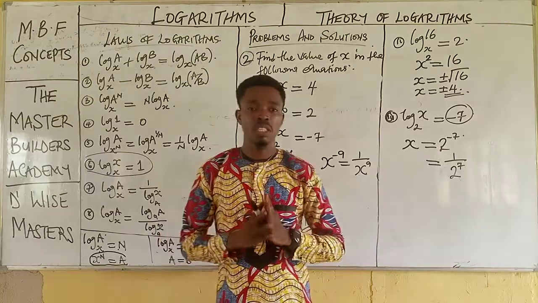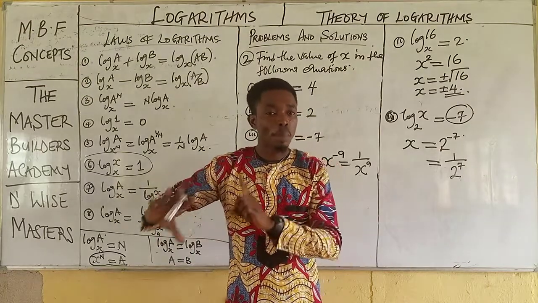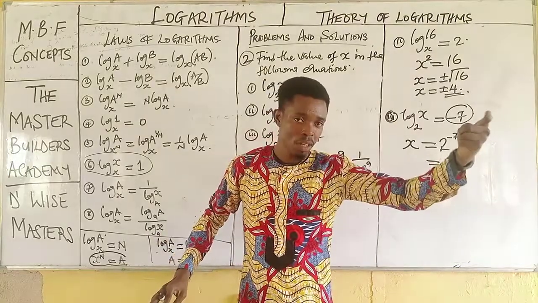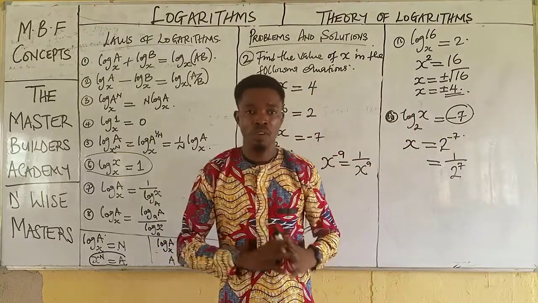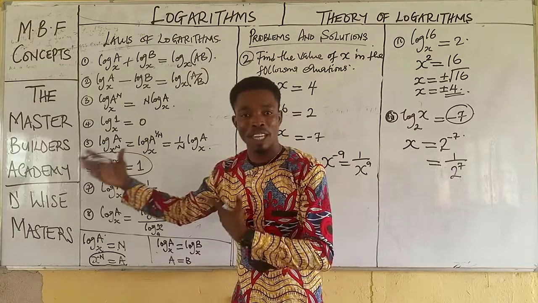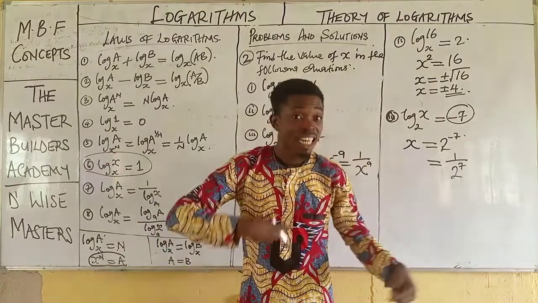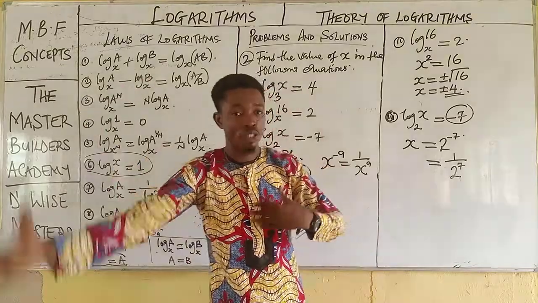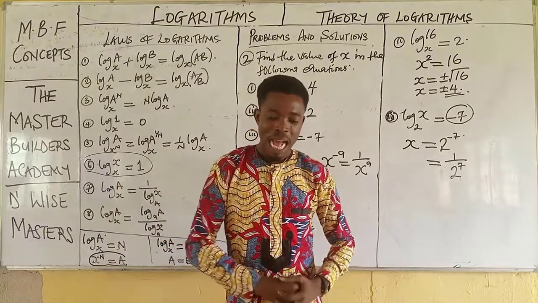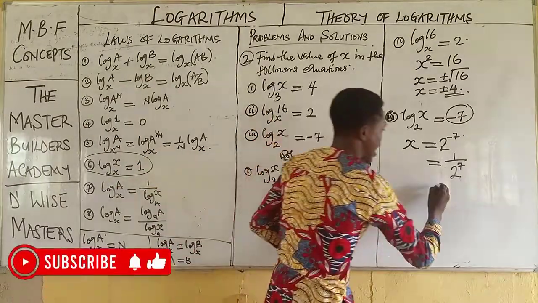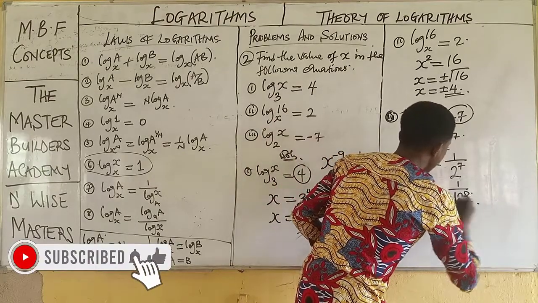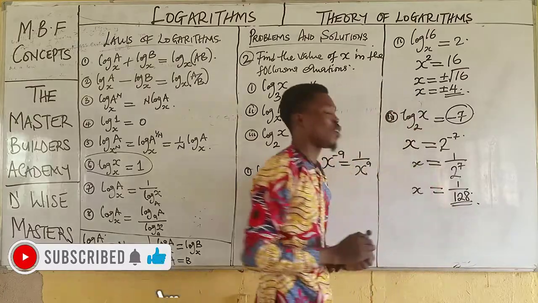It is to multiply 2 by itself 7 consecutive times. So 2 multiplied by 2 is 4, 4 multiplied by 2 is 8, 8 multiplied by 2 is 16, 16 multiplied by 2 is 32, 32 multiplied by 2 is 64, which is then multiplied by 2 is 128. Then we have this as 1 over 128. This is the value of x.